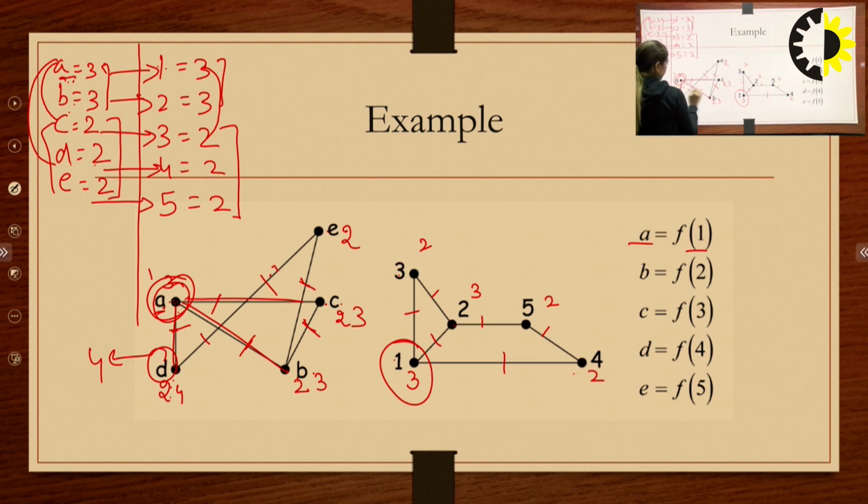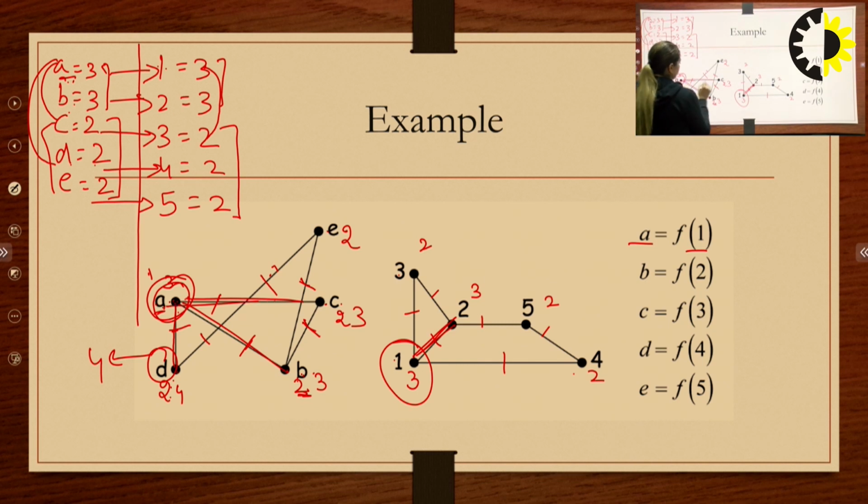Similarly, A is connected to B. A is 1 and B is mapped to 2. That means 1 is connected to 2.